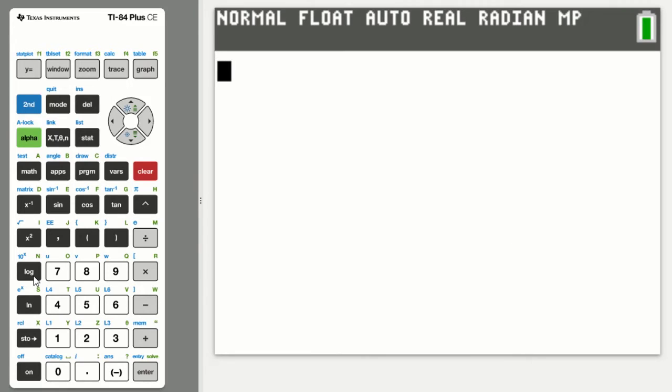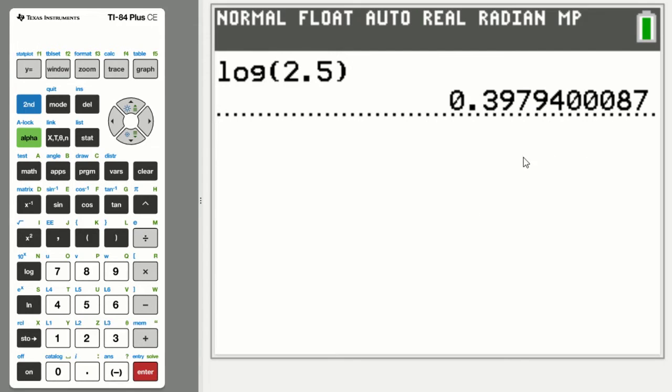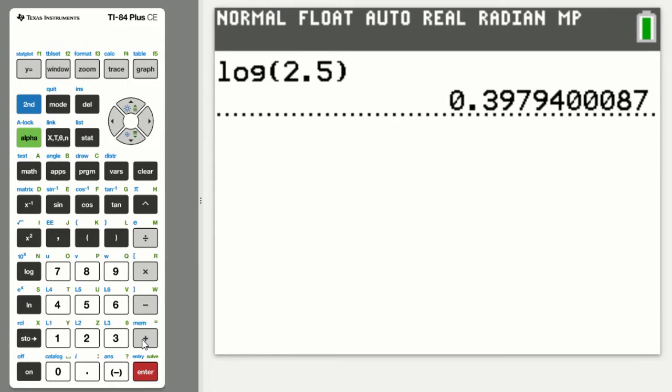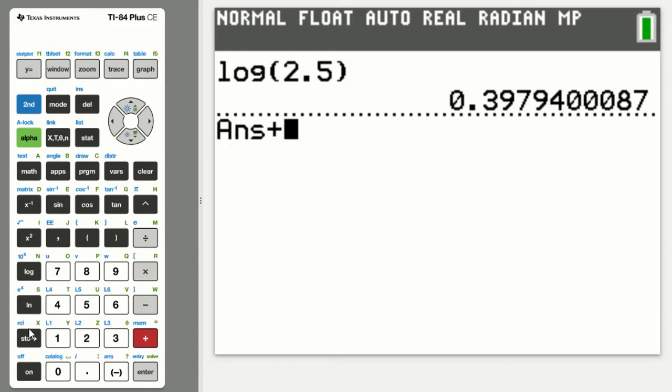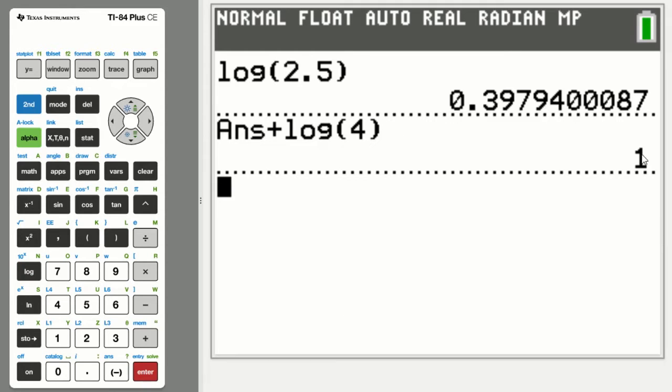For example, the real answer to log base 10 of 2.5 is a very ugly decimal. I'm working in a way that anyone viewing the lesson with a very basic calculator can follow. So I add the answer from log base 10 of 2.5 to the answer of log of 4, and then we get this answer.